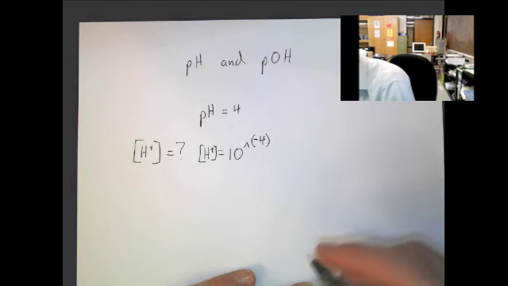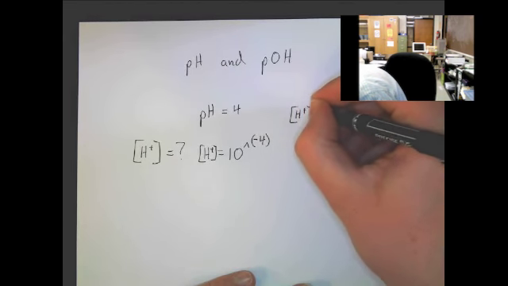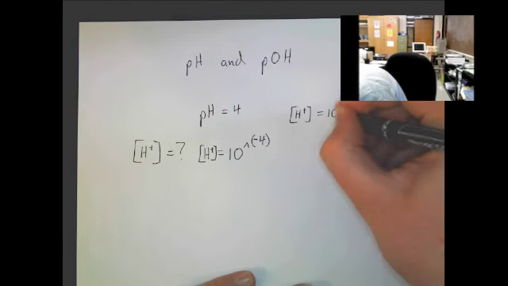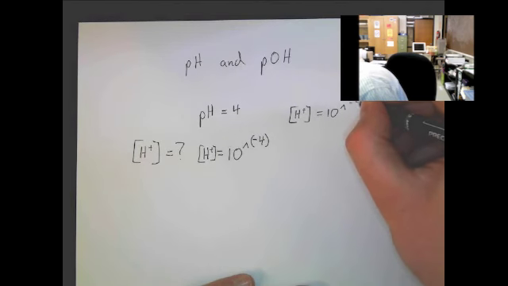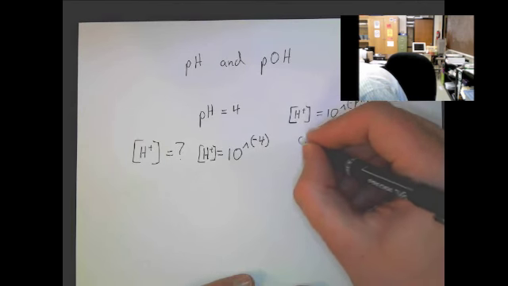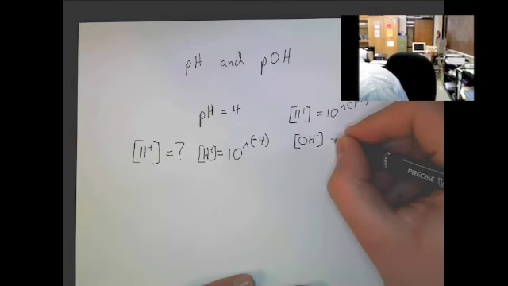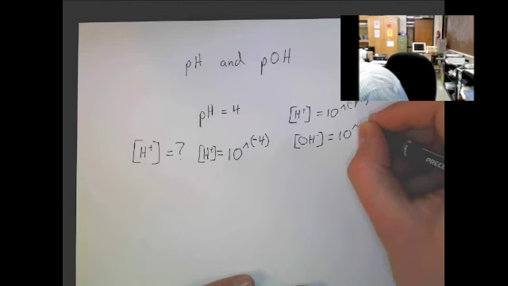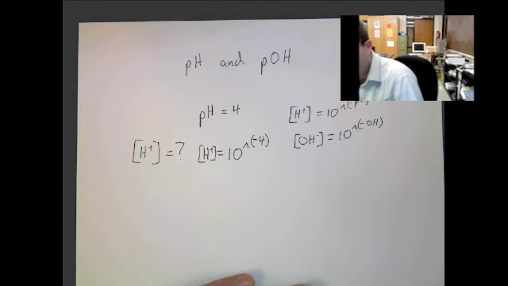Now, the general form of this is simply, if we want H+, then we just raise 10 to whatever the negative pH is. If we want OH negative, hydroxide concentration, then we simply raise 10 to whatever the negative pOH is. And I'll show you examples of both.